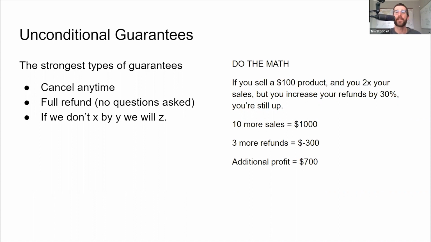Well, if the guarantee doubles my sales, but the refund rate is up by 30%, which, by the way, is an insanely high refund rate, that's just not going to happen because most people aren't like that. It's very, very rare that you're going to have people straight up take advantage of you. But the math is there. So even if there are people that take advantage of you, who cares?